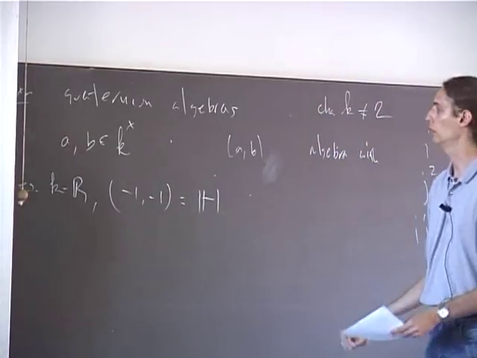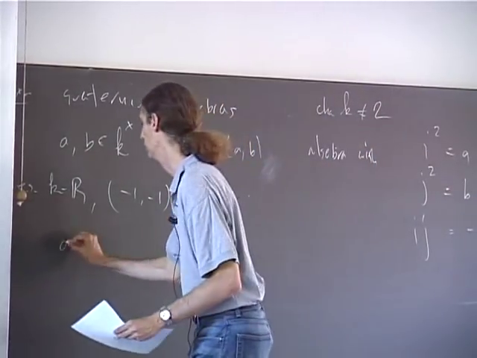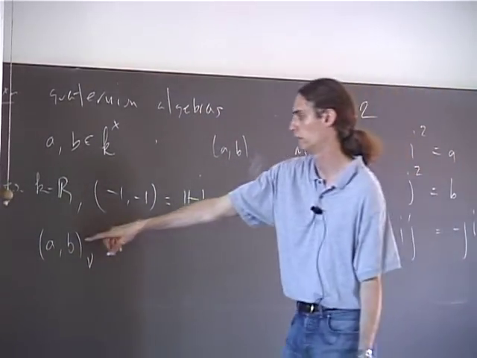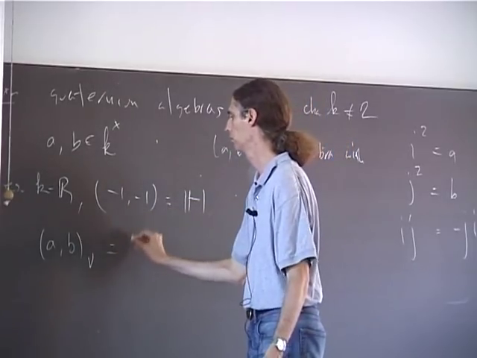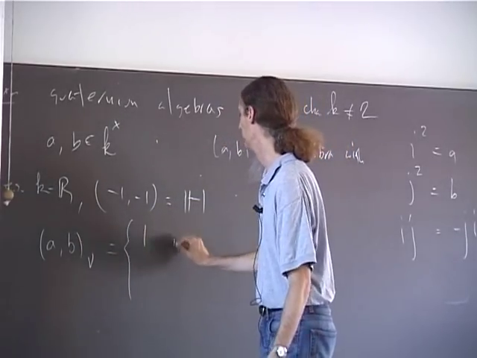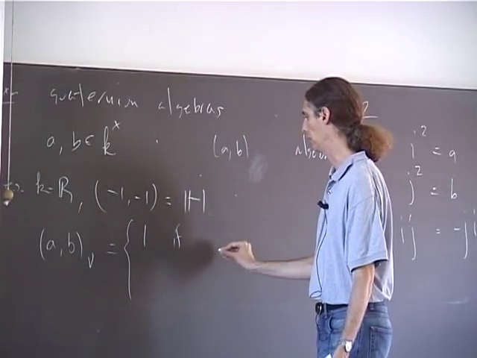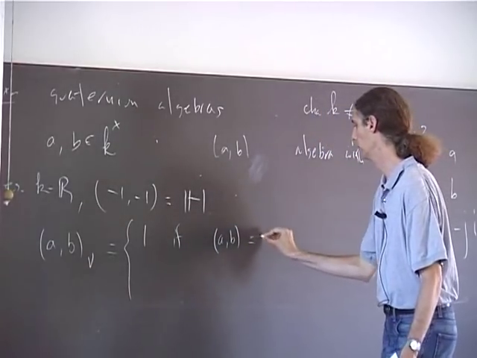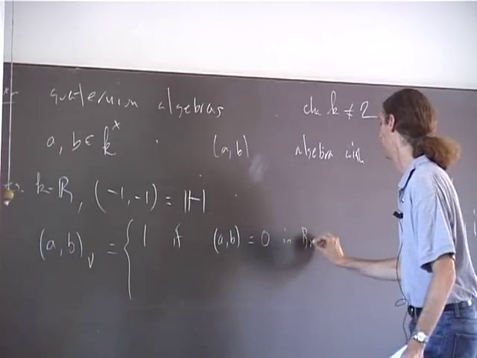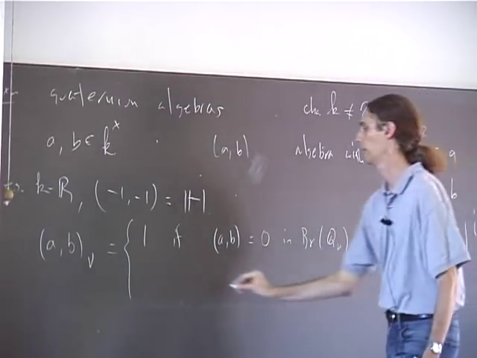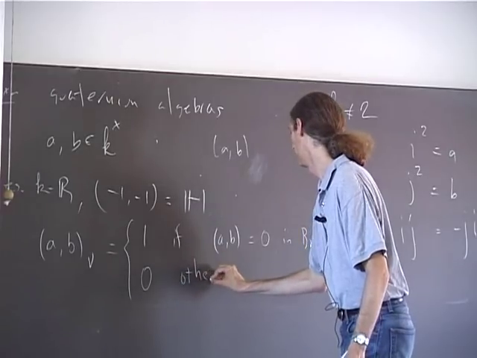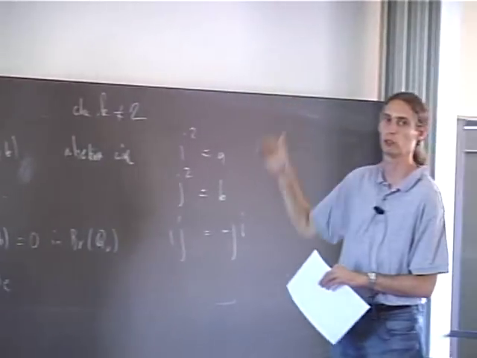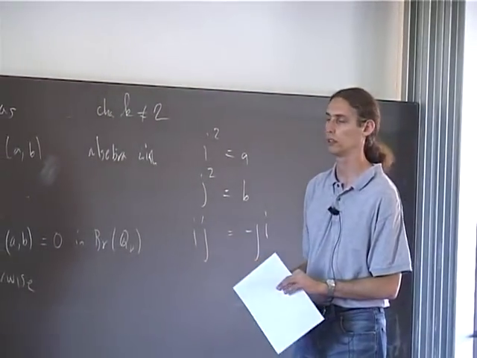And the Hilbert symbol is 1 if a and b are, and otherwise is 0. So this Hilbert symbol is exactly producing elements of the Brauer group.